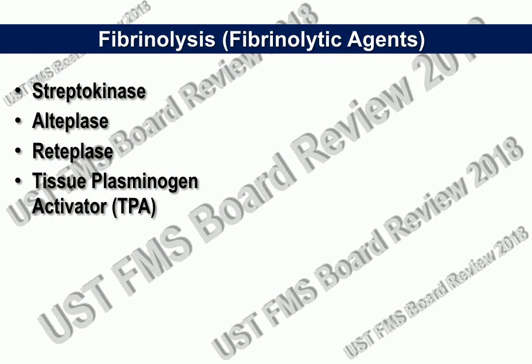So you have several fibrinolytic agents for fibrinolysis of ST elevation MI. Your streptokinase, alteplase, reteplase, and of course the specific one is your rtPA, your tissue plasminogen activator. These agents are preferred in the following conditions.